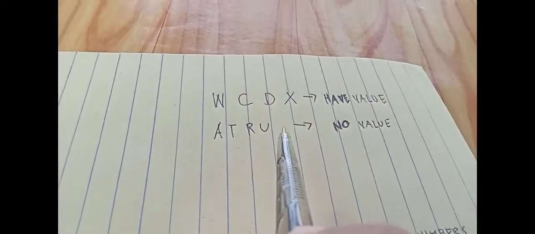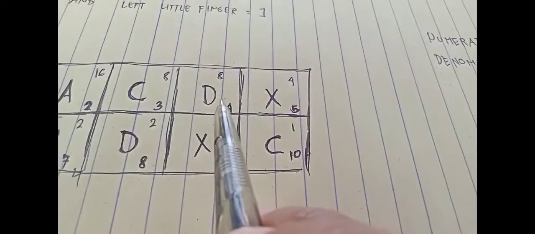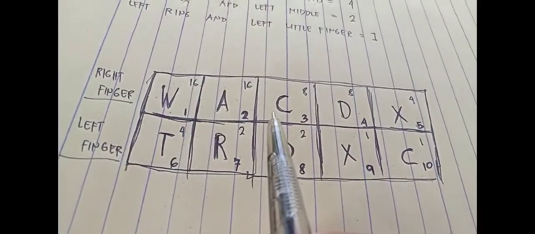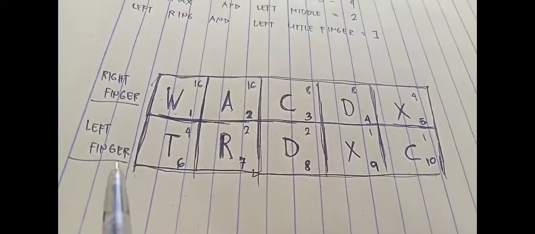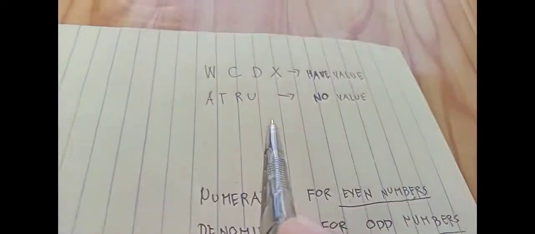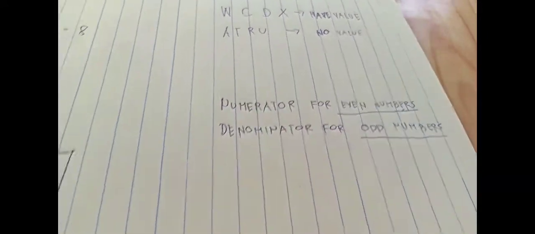The double loop has value, and it has a value of 8, so I put 8 here. Next is the tented arc, which has no value, so I put 0 here.